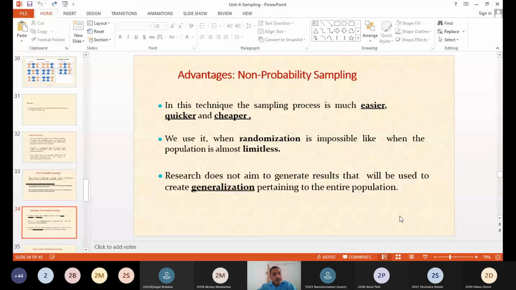When a researcher's aim is not to generalize the results of that particular survey or research to the entire population, then this type of non-probability sampling method can be used. Generalize means applying those results to the population. So if the aim is not to apply these findings to the entire population, then these non-probability methods can be used by the researcher.